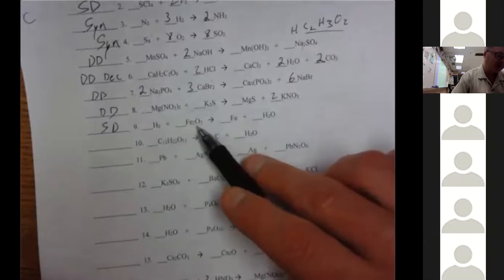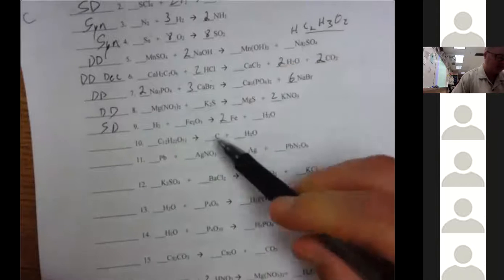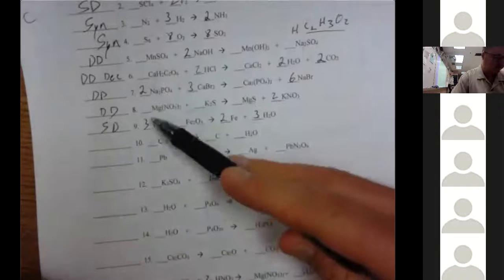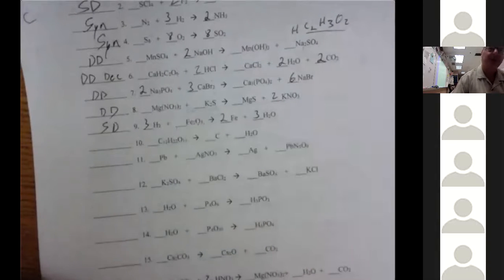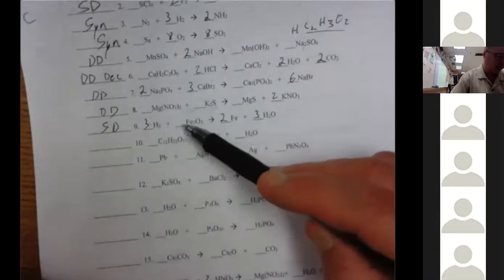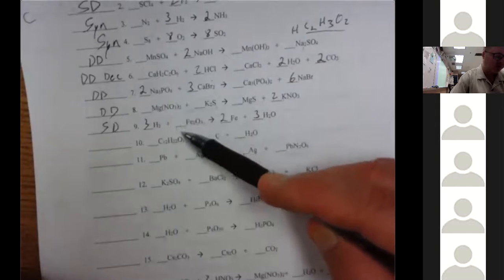Oh, 3, this one's going to be kind of screwy. 2 Fe's, 2 Fe's. 3 O's. We need to put a 3 here. That's going to make us go back and fix our H's. So 3, 1, 2, 3. Remember, we don't put 1s because we wouldn't even write this here if there wasn't one of them.